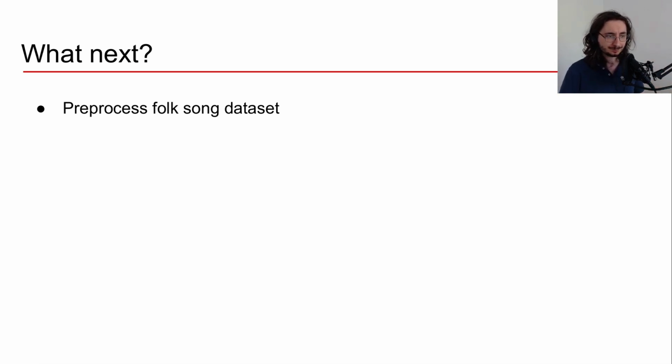Next time, for the first time, we are going to go into implementation and coding, and we're going to use all of the information that we've learned from this video to pre-process the folk song data sets and make it almost ready for fitting into our LSTM network.